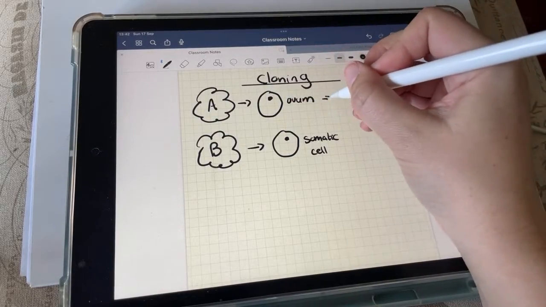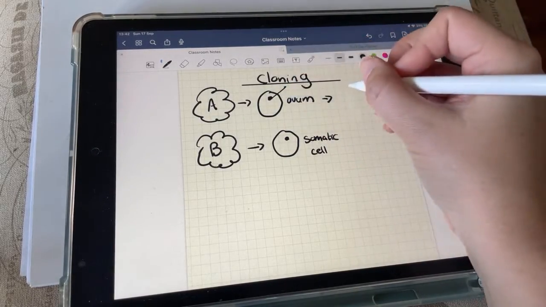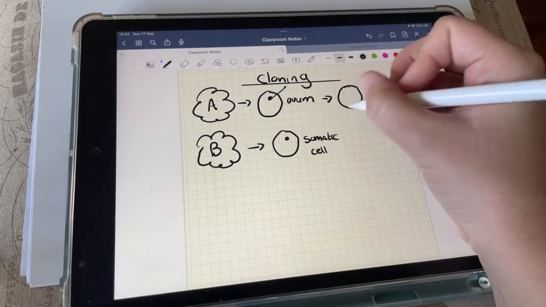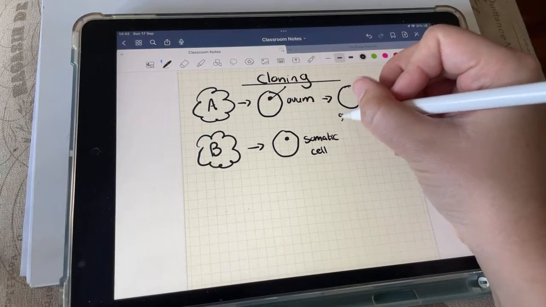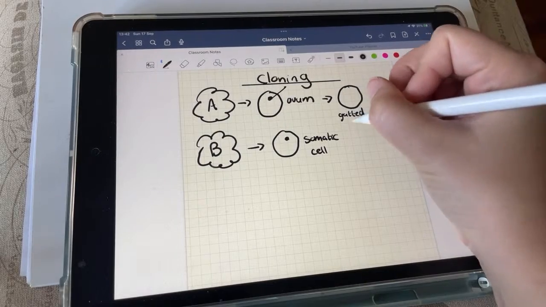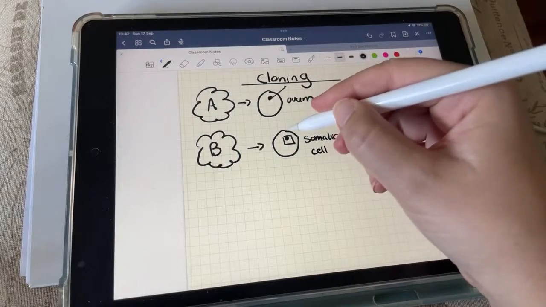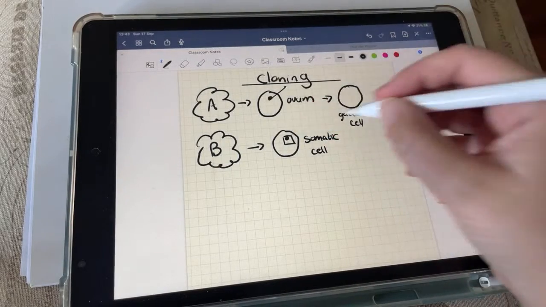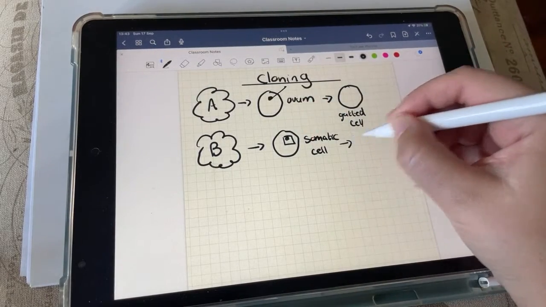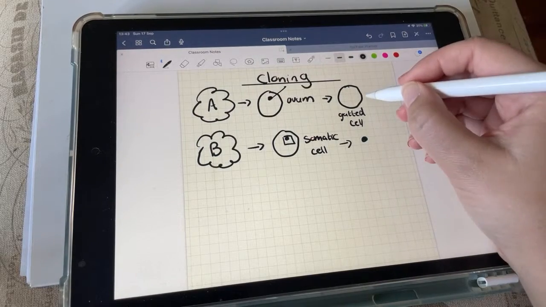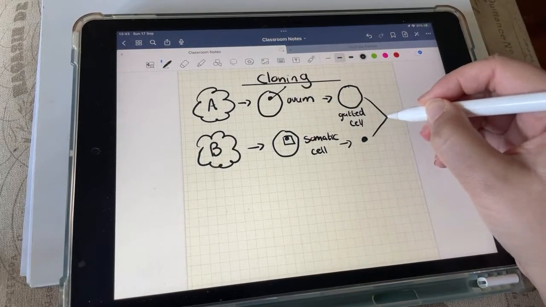For the ovum, we take the nucleus out and we end up with an empty ovum like this. It's called a gutted cell. In the somatic cell, we want the nucleus because that's where all the genetics is for the animal we want to clone. So we get rid of the cell and we're left with the nucleus. We put the two together.